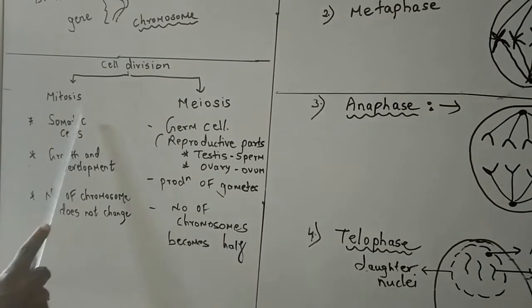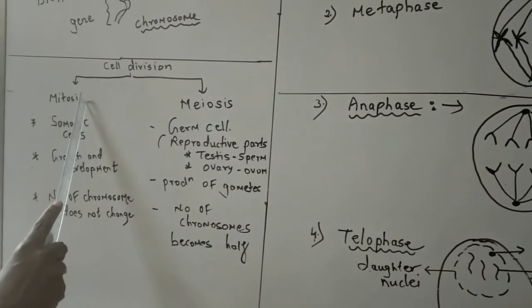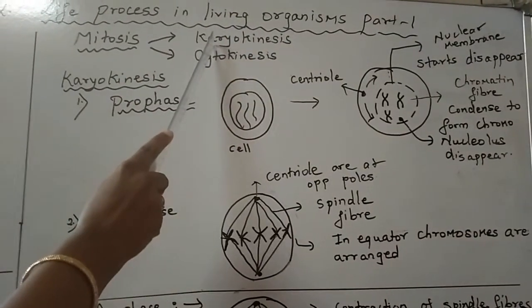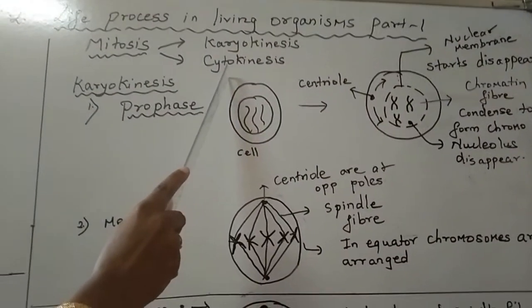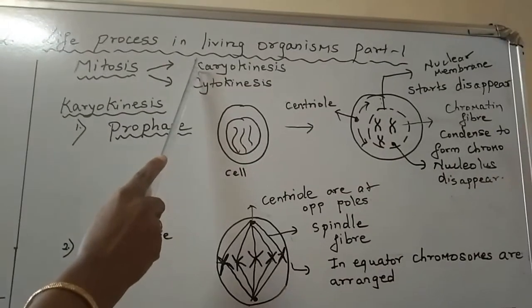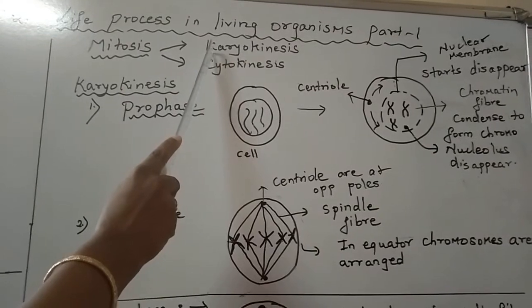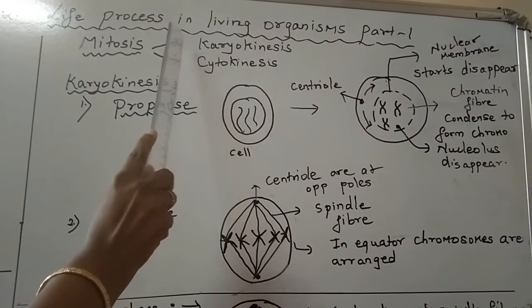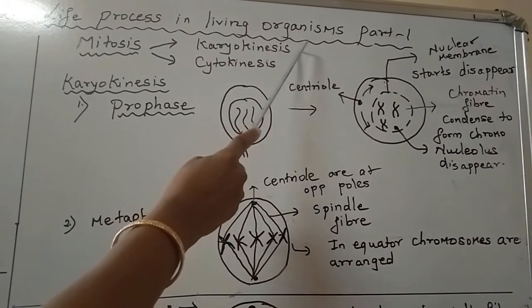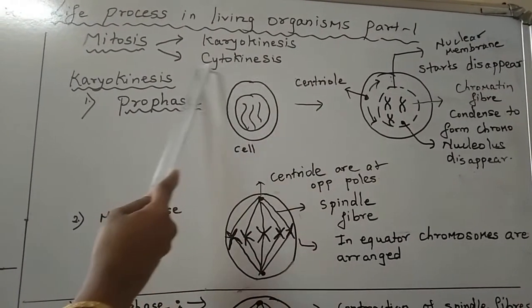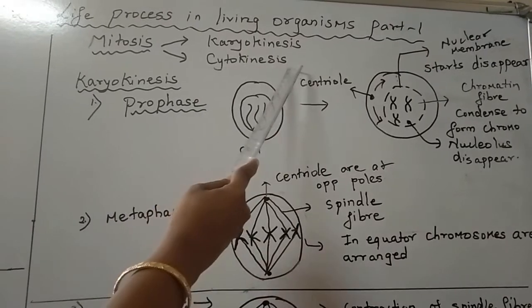Now one by one we are going to study how mitosis takes place. So here mitosis occurs in two steps, that is karyokinesis and cytokinesis. Now what is meant by karyokinesis? Karyokinesis means nuclear division. ज्या वेळेला न्यूक्लियसचं डिव्हिजन होते तेव्हा त्या स्टेपला आपण म्हणायचं आहे कॅरियोकायनोसिस. आणि ज्या वेळेला सायटोप्लाझमचे डिव्हिजन होईल तेव्हा आपण म्हणायचं आहे सायटोकायनोसिस.